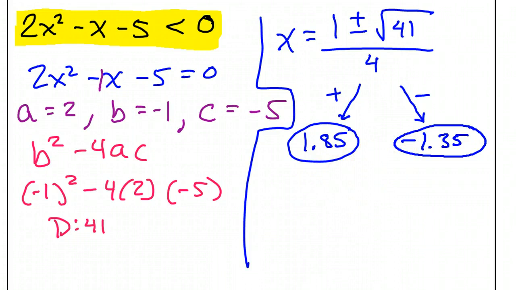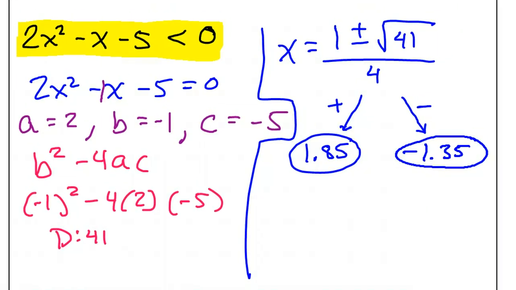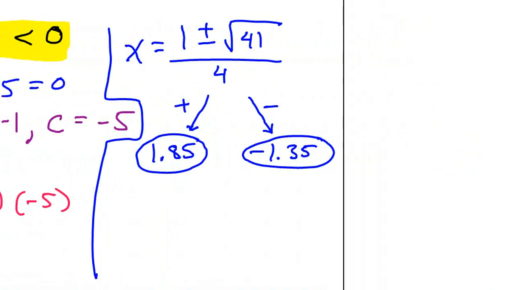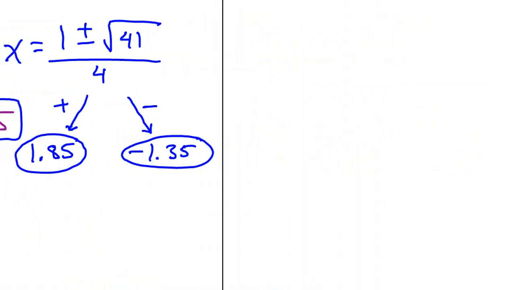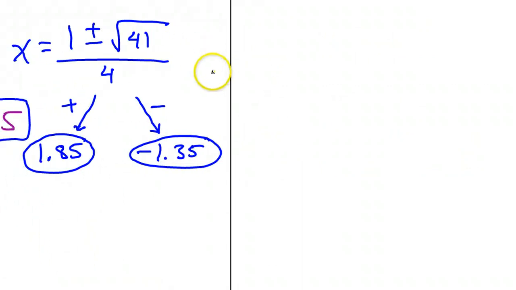Okay, so like I said, this time I'm going to try using the test value method instead of the graphical method. So for the test value method, we can just go ahead and get over into the answer area and start to draw our graph.